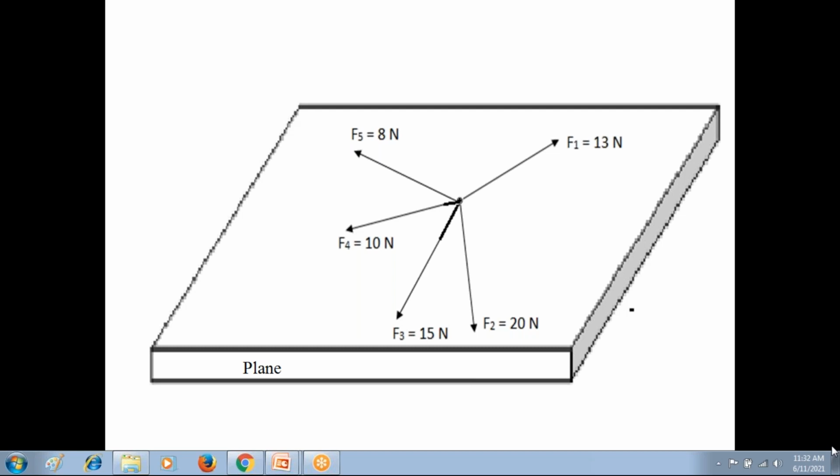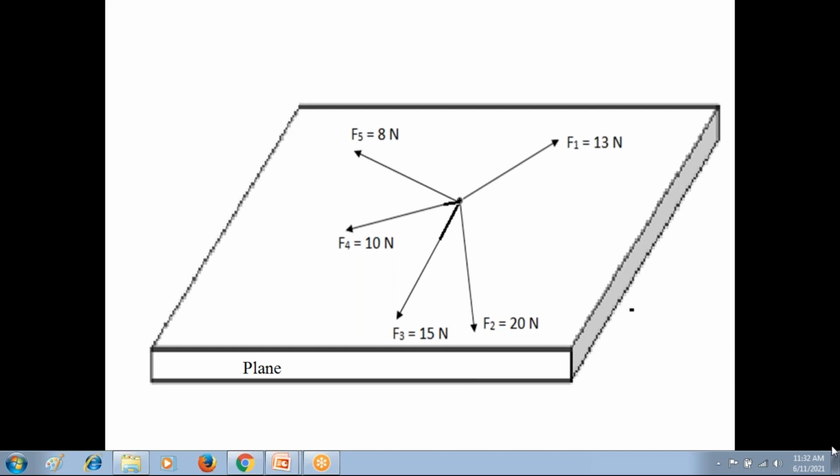Then I explained the characteristics of force. When the force is acting on the body, the force has some characteristics. What are those characteristics of force?